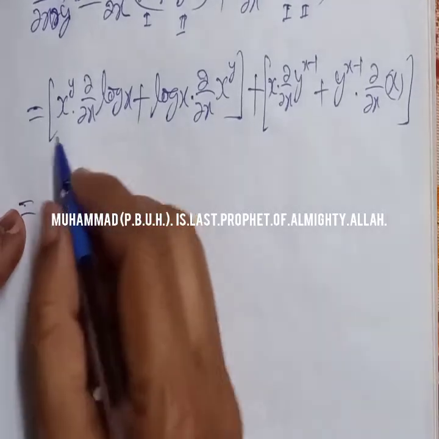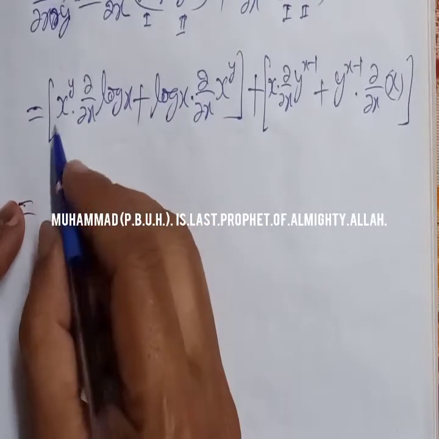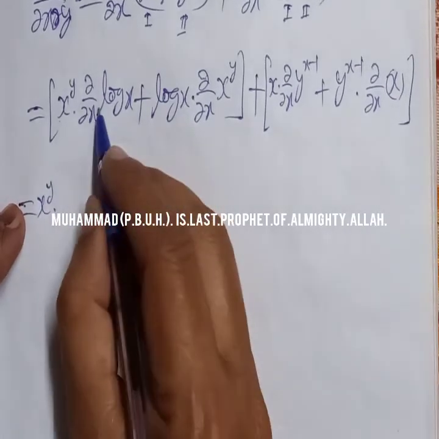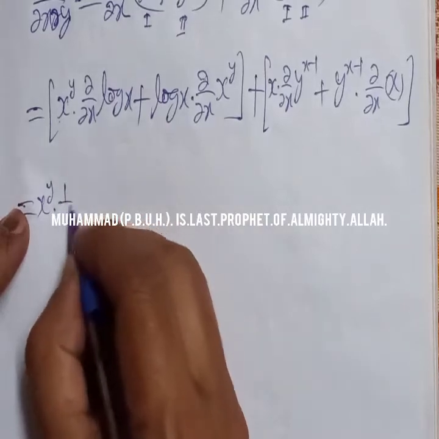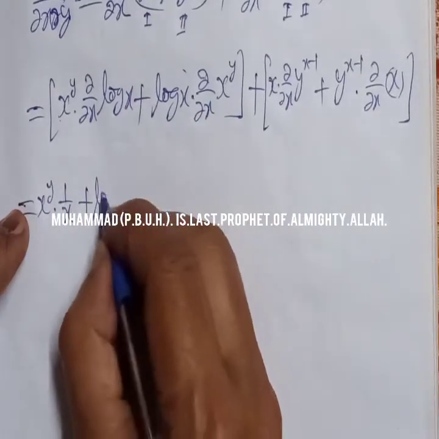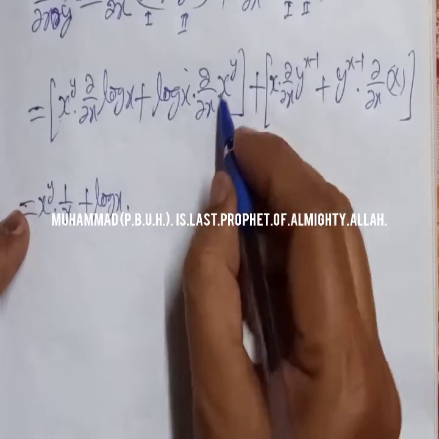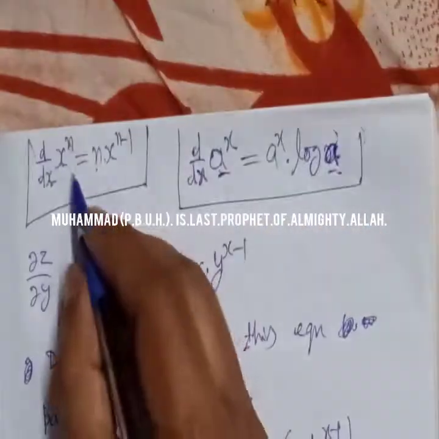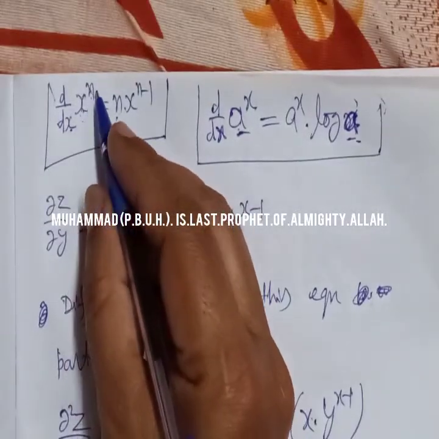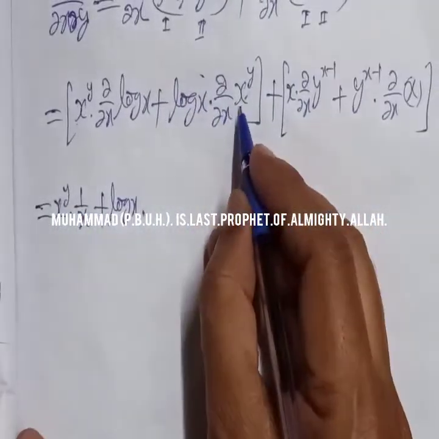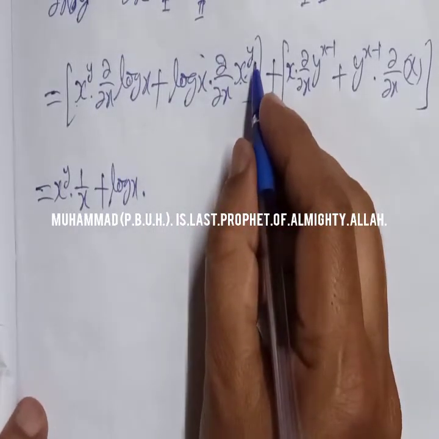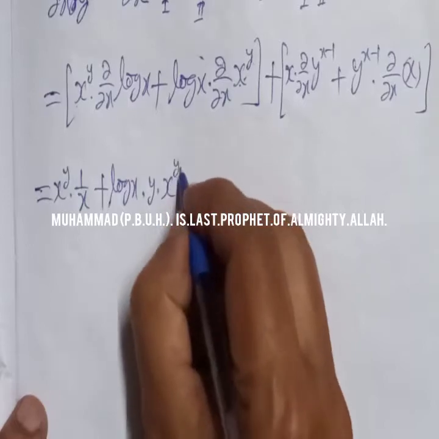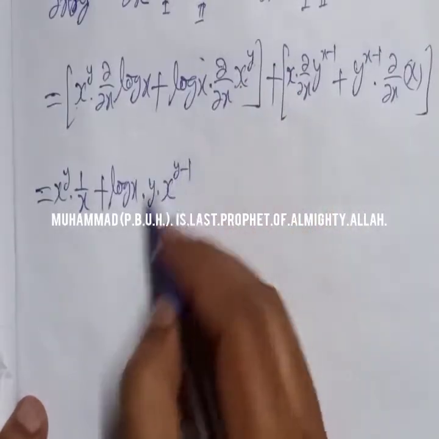We will get right hand side x to the power y into differentiation of log x is equal to 1 upon x plus log x into differentiation of x to the power y, which is the case here variable to the power constant, so this power will multiply here y and power will reduce by 1. This is differentiation of this term.